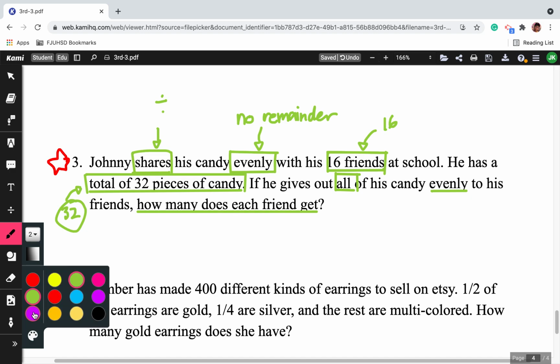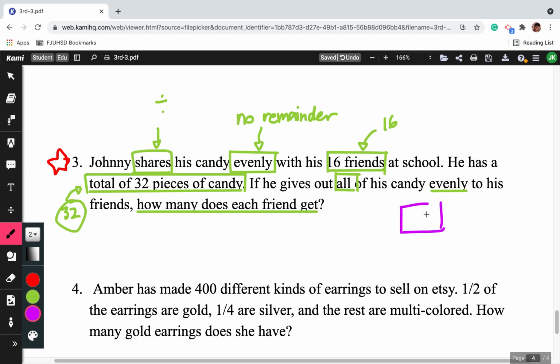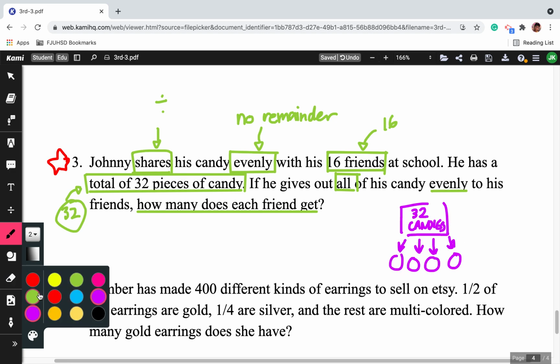So what we're basically doing is giving all 32 candies to 16 friends. I don't want to draw 16 people, so I'll just draw 4 dots. That's what they're basically doing, and that is going to equal this.